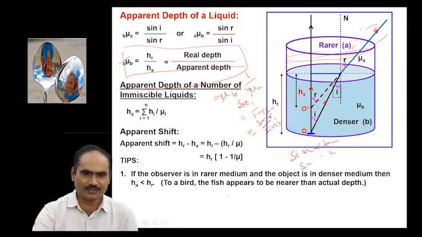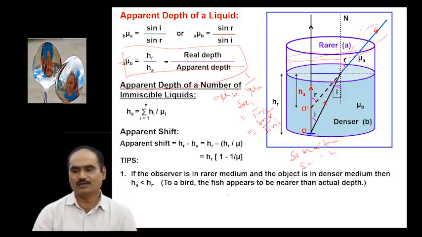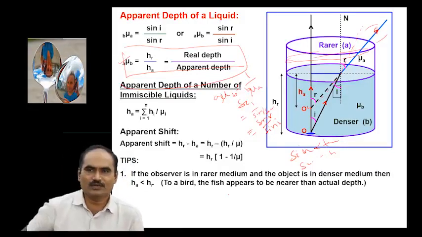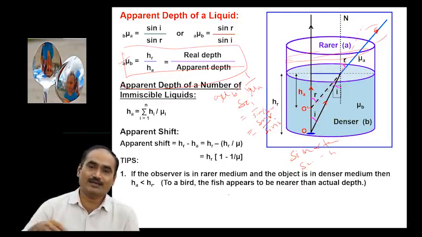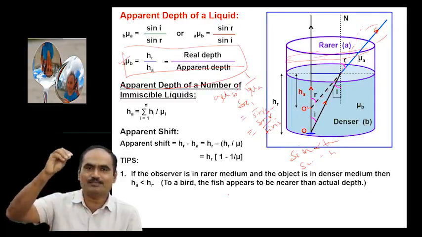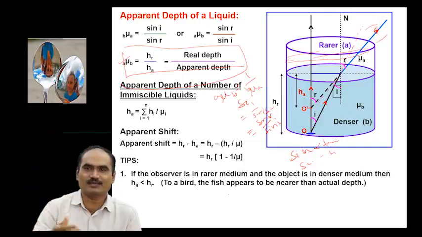Another important, or interesting, thing is this. When you look from the top towards the liquid, the object appears to be raised up. At the same time, when a fish is looking from the bottom, any object outside the water appears to be farther from the real position, right?